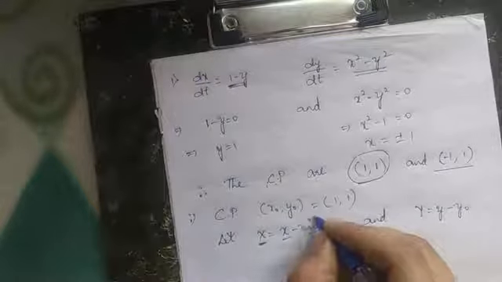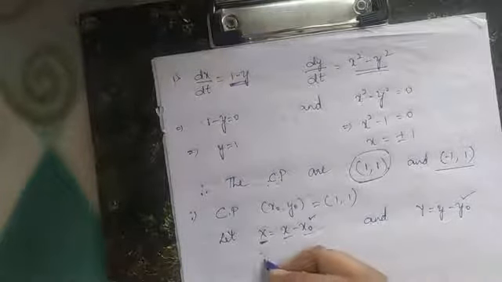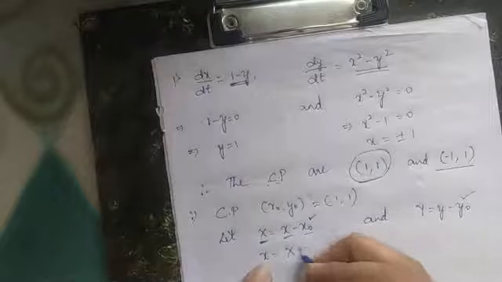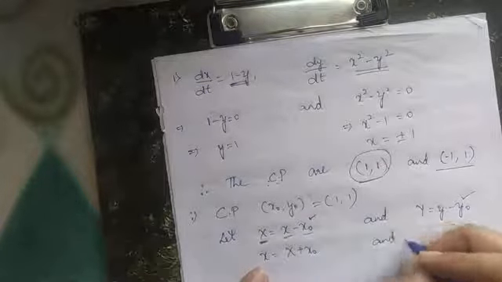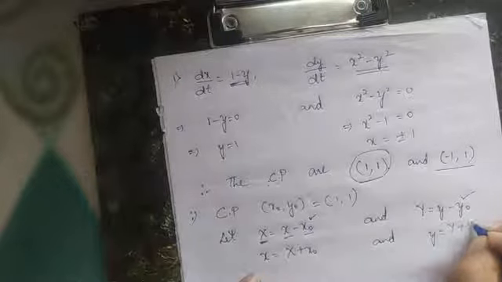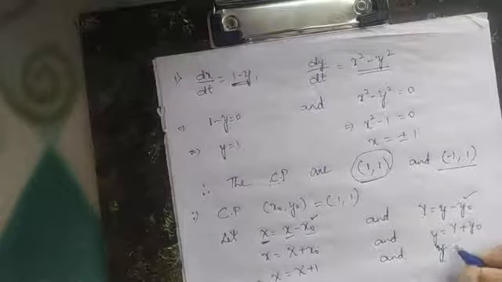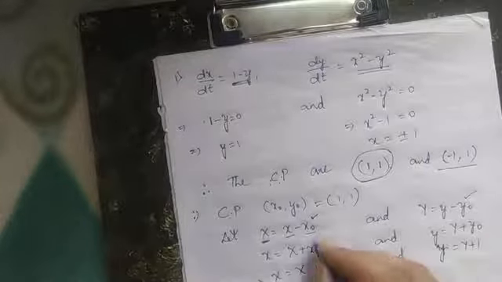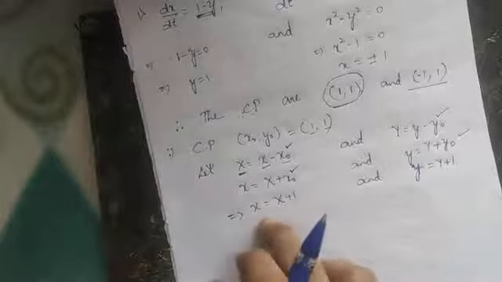So now we know the value of x naught as well as y naught. Using this, I can write x is equal to capital X plus x naught and y is equal to capital Y plus y naught. This is nothing but x is equal to capital X plus 1 and y is equal to capital Y plus 1. X naught is 1, y naught is 1, right? So now differentiate these two equations with respect to t.